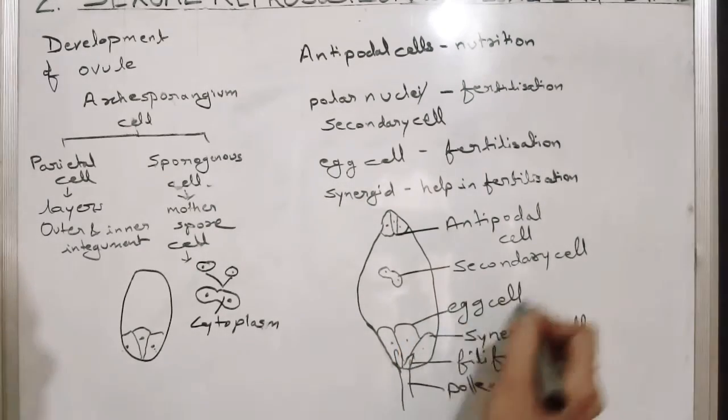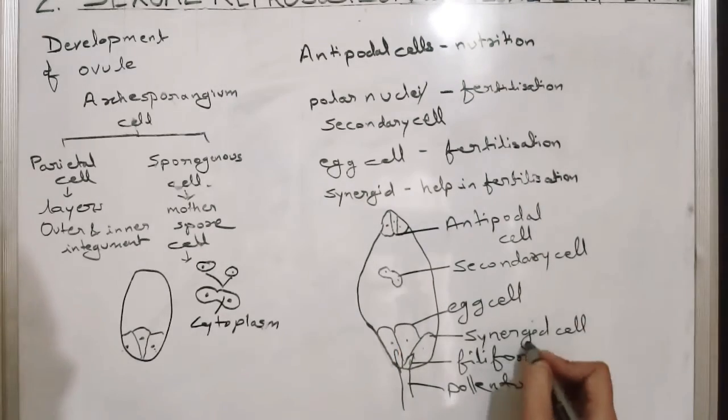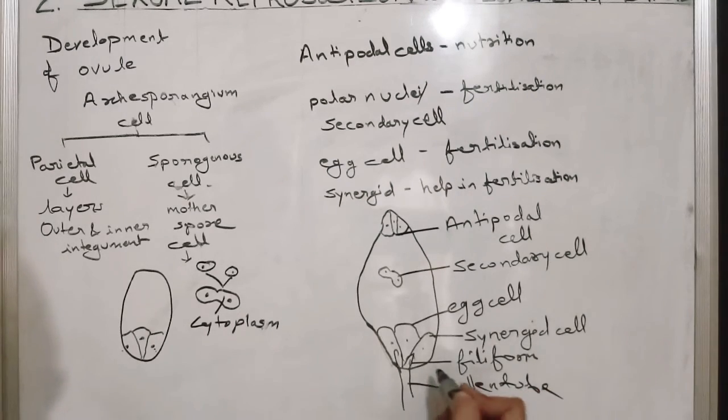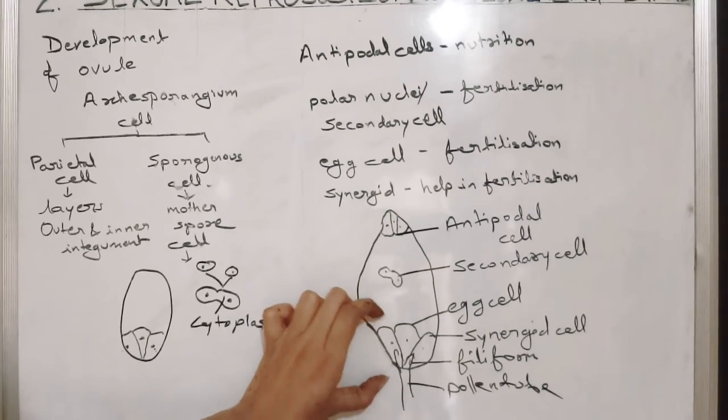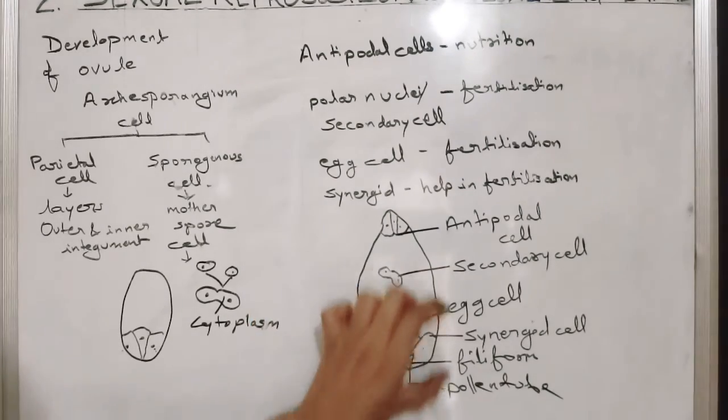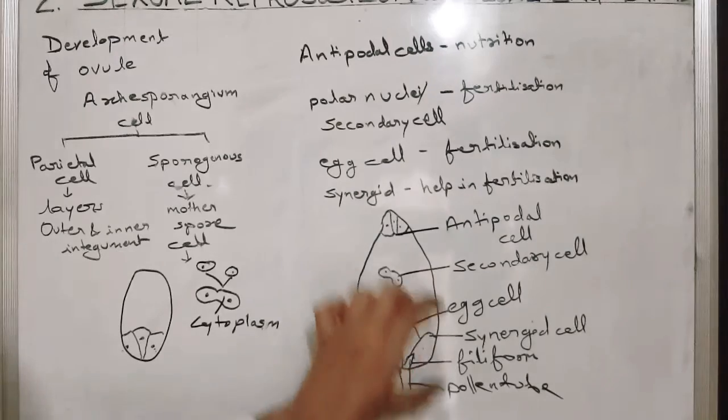In this way fertilization takes place, and the synergid cells help the egg cell to fuse with the male nuclei, because the filiform apparatus is present. This is also called the egg apparatus.